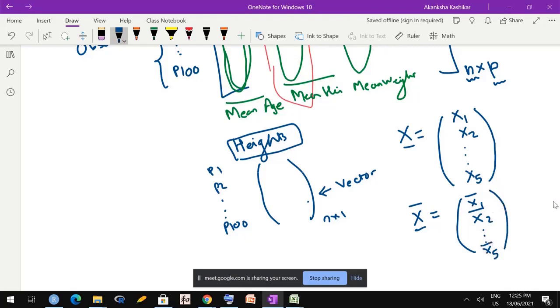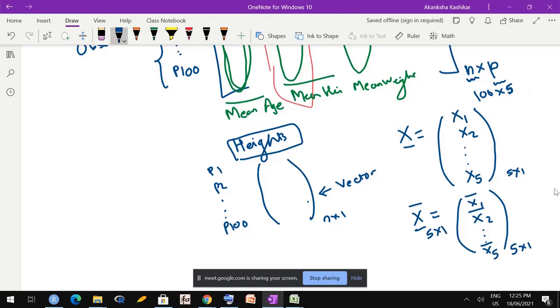Is it okay? So if my original vector was of order 5 cross 1, then my mean vector is also of order 5 cross 1. My original data is of order 100 cross 5. I have 5 columns, that is 5 variables. Hence I am getting my mean vector as 5 cross 1.